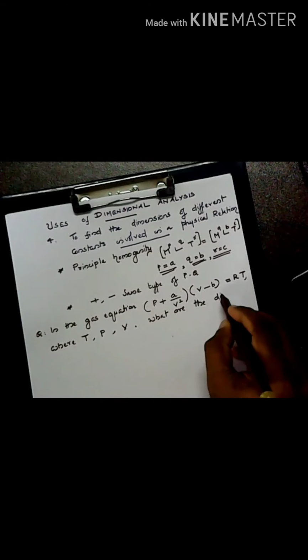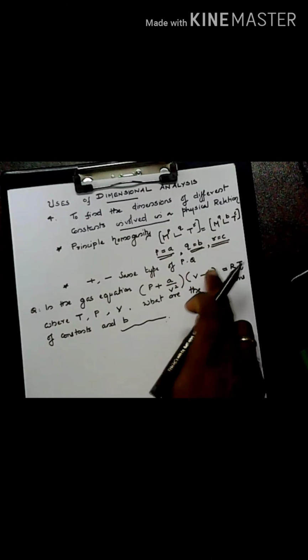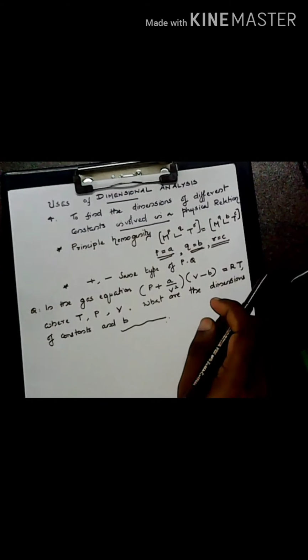Then what are the dimensions of constants A and B? That's a question. So from this relation, we want to find the dimensions of A and B. So we can use two concepts, above said two concepts here.